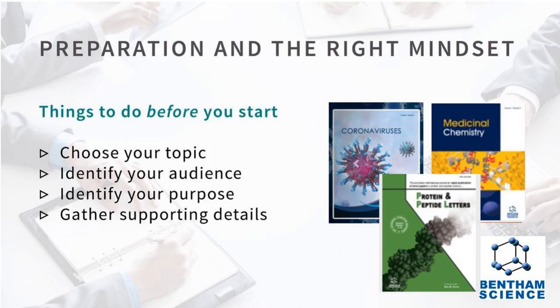Most academic researchers finish a piece of research and then they sit down and they start to write. And they don't think about where they're going to send the article, which journal they're going to send the article to. They don't think about the audience. They don't think about who the readers are going to be.